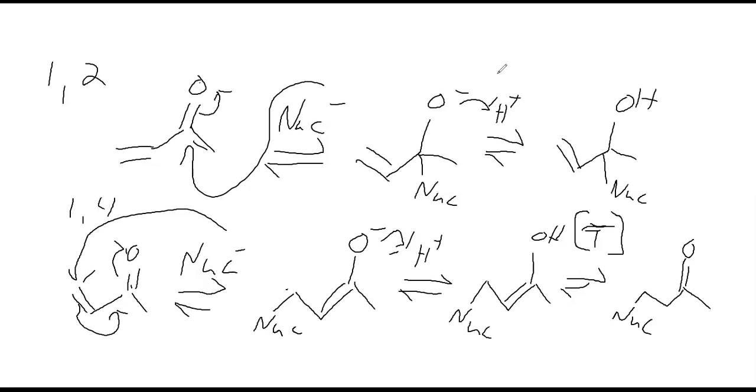Just like we have an acid base, the acid is the electron acceptor, and the base is the electron donor. We have the same thing with the nucleophile being the Michael donor, which is going to be our electron donor, and our Michael acceptor, the ketone.